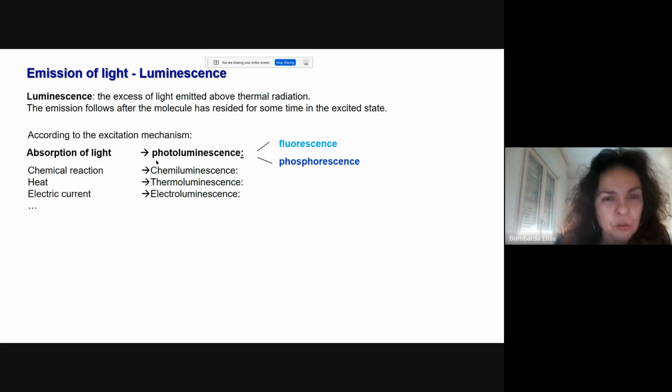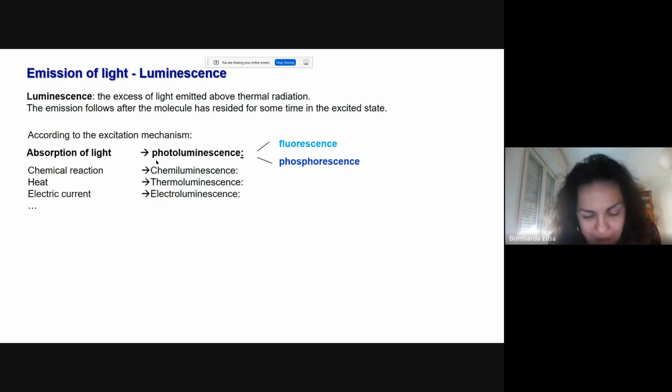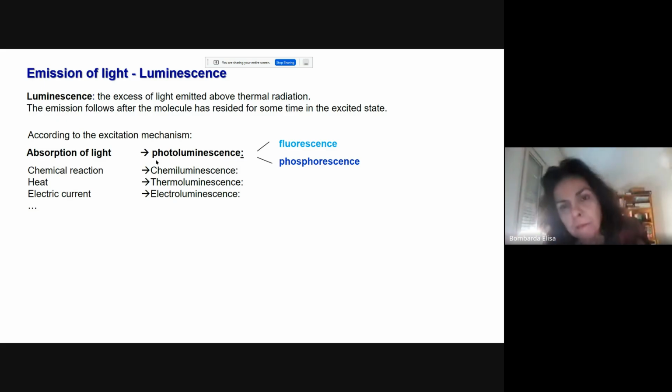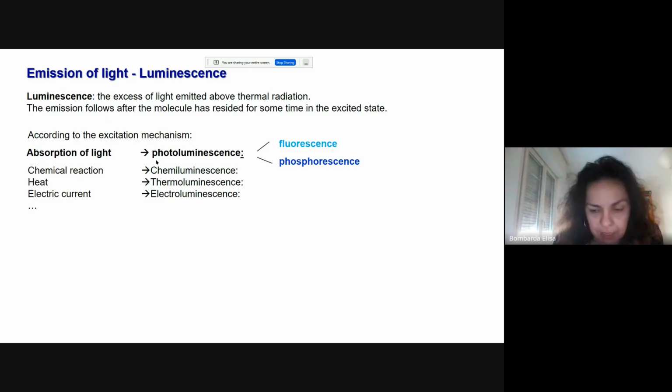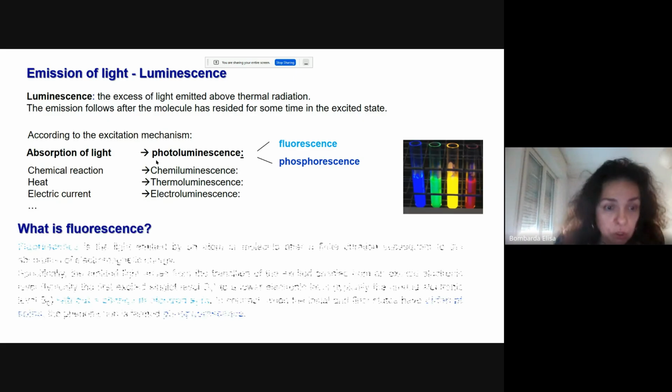So absorption of light is the mechanism with which the molecule will be excited, and so then we will get photoluminescence. And photoluminescence is divided into fluorescence and phosphorescence, which we are both interested in, but mainly fluorescence is our topic.